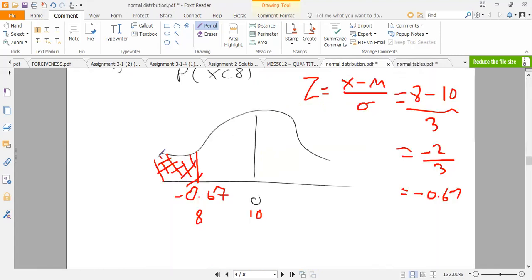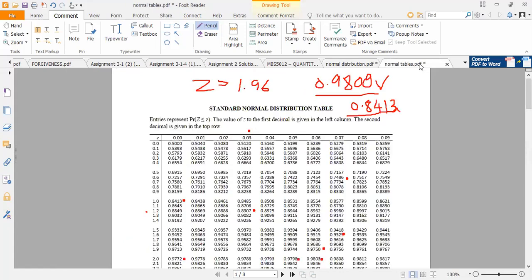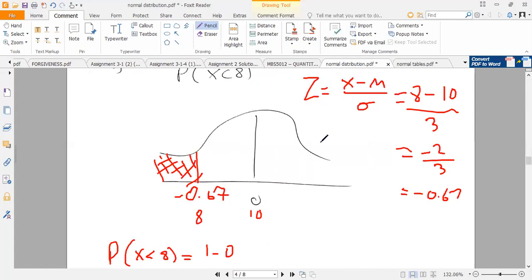So what do we do? We subtract, right? So x less than 8 would be 1 minus 0.7486.